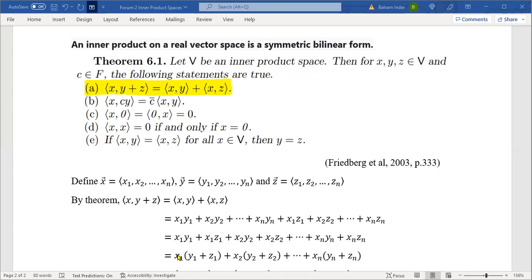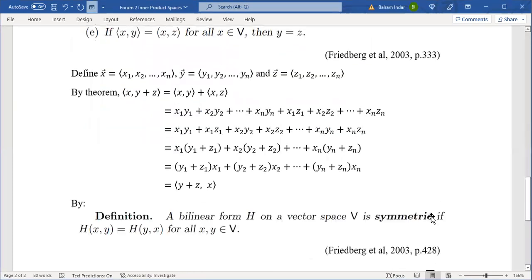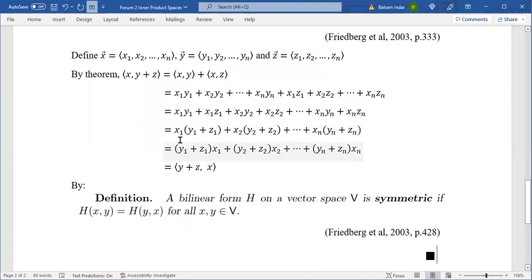Now, that will lead me to some factorization. As I scroll down here, you'll see I did some factorization at this point. So we have x sub 1 times y sub 1 plus z sub 1 as a factorization of what we have at the top here. And x sub 2 times y sub 2 plus z sub 2 is a factorization of what we have at the top here, and so on.